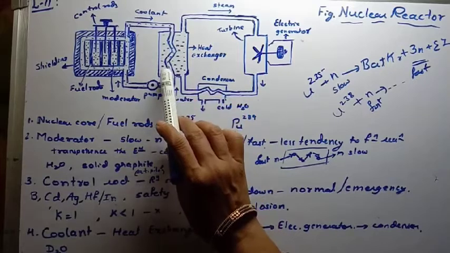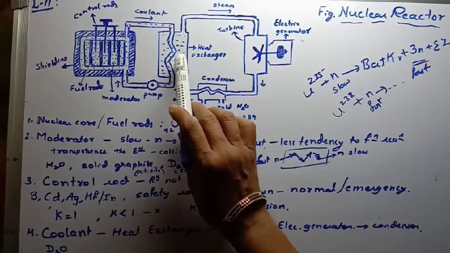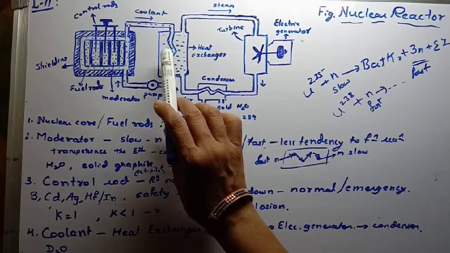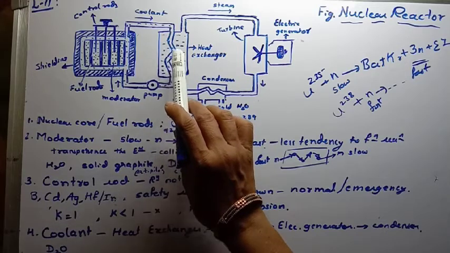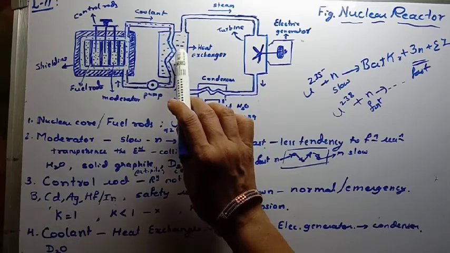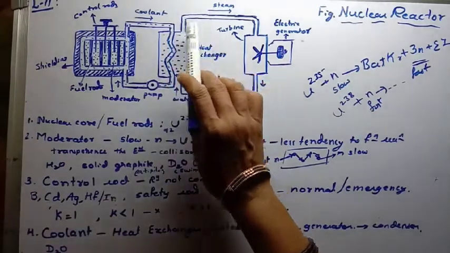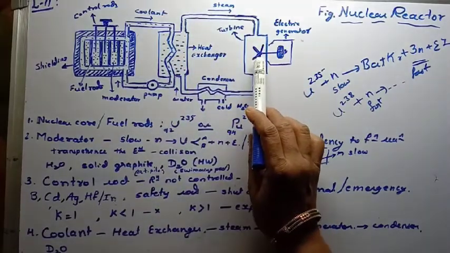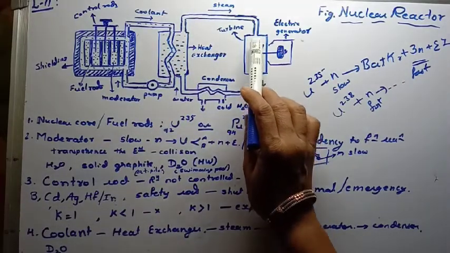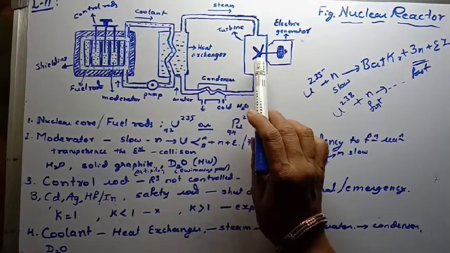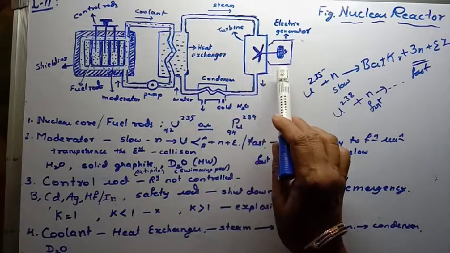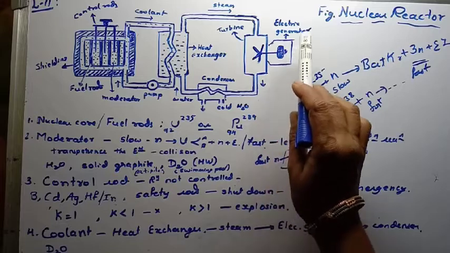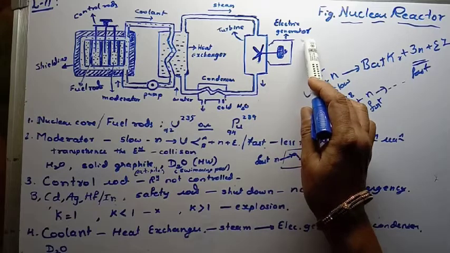This pipe is very hot, and the water surrounding that pipe gets heated and starts boiling, and high pressure steam is liberated. It enters the turbine and thereby runs the turbine, to which an electric generator is coupled, and here electricity will be generated.